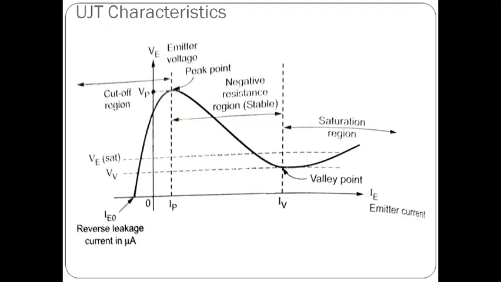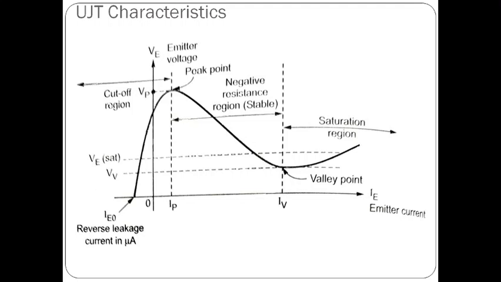Once it reaches a small value of voltage, again it performs the normal operation of the diode. So the maximum applied emitter voltage VE to turn on the UJT is called the peak point voltage.